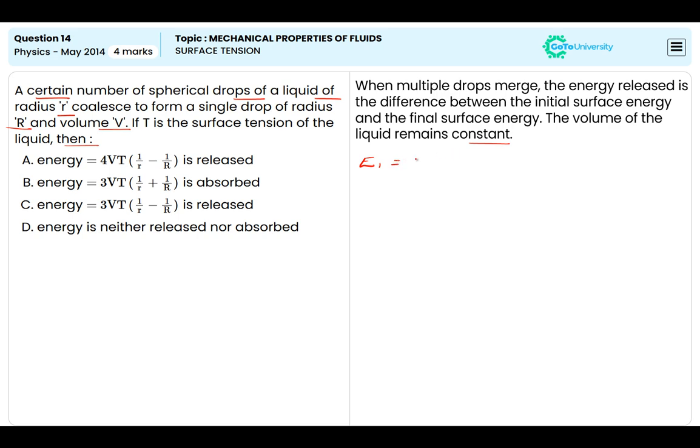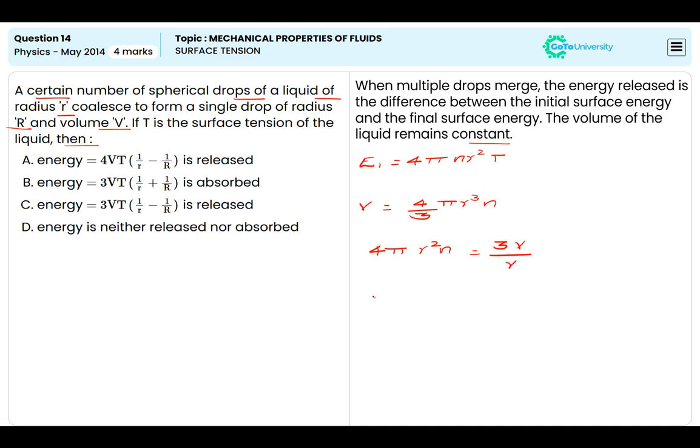E1 is equal to 4 pi n r square into T, where n is the number of drops. If V is the total volume, then we can write V is equal to 4 by 3 pi r cube into n, since it is spherical. Thus, 4 pi r square into n is equal to 3V divided by r.